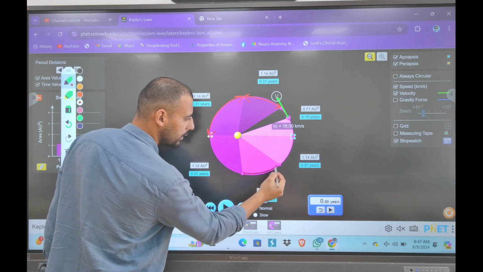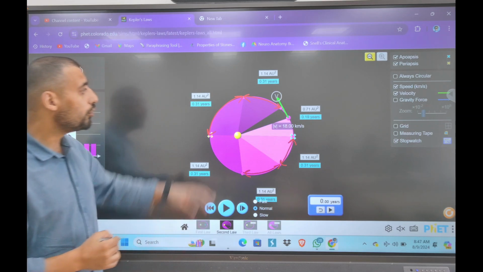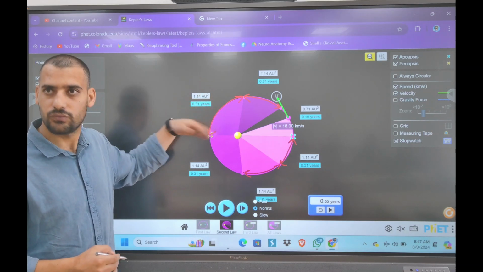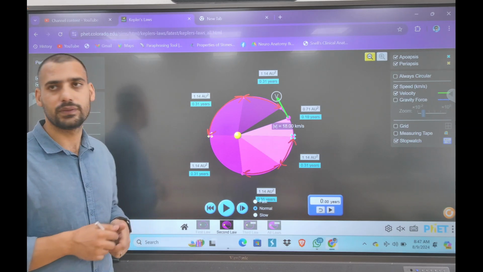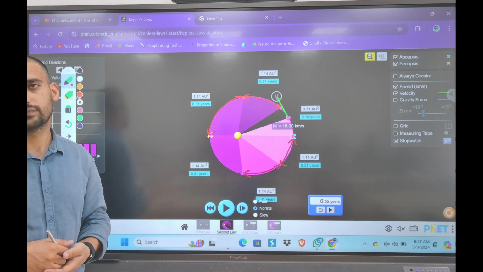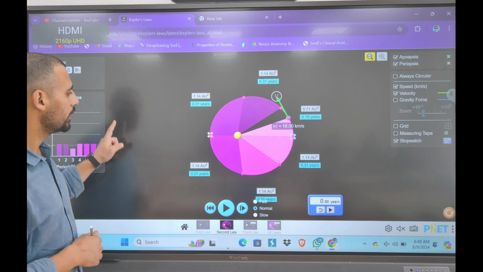Here, it's again less. So the length of the arc is different. Why? Because the speed is different. When the speed of a planet is different, it cannot be the same. That is how the area remains fixed. Clear? That is your second law, called the law of areas.